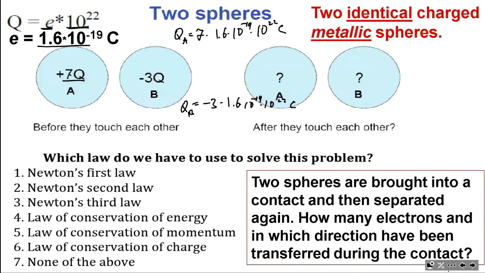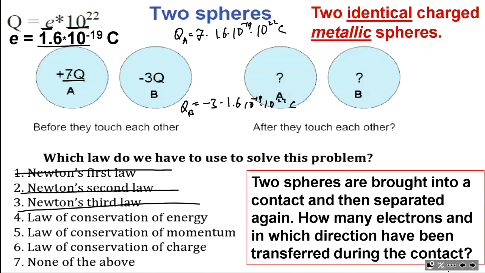Now, in physics, every question or every problem is based only on a definition or a law. There's nothing else in physics, definitions and laws. This problem is based on the application of a law, which is not this one, not that, not that.